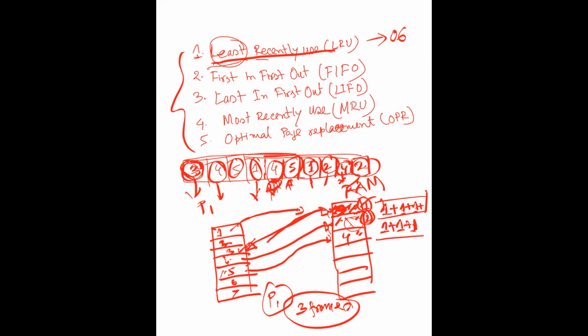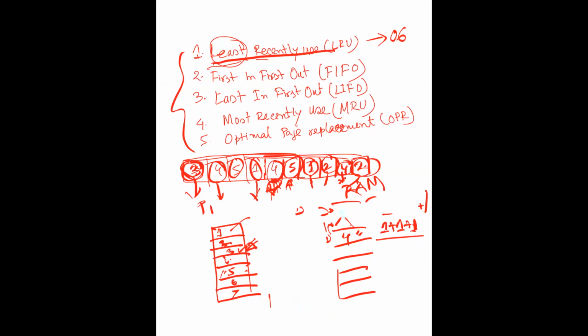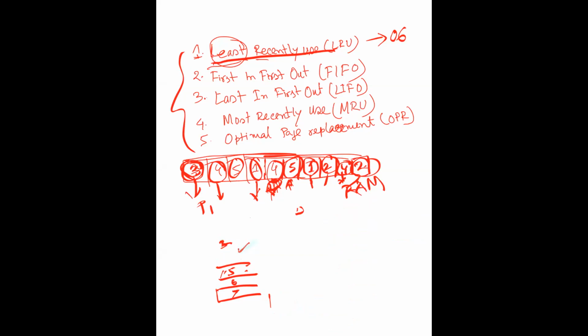Next, check the data if we use the FIFO algorithm, first in first out. Let's see how it works. Okay, let me again clear some part of this. Okay, so the sequence is the same.